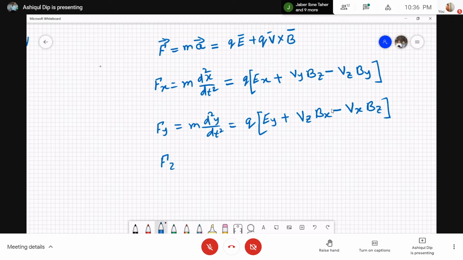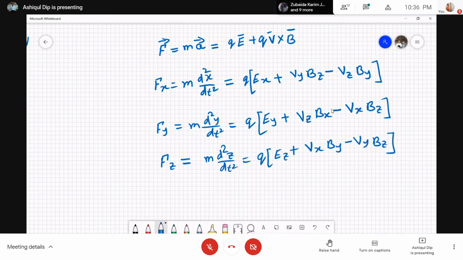Then Fz is q Ez plus Vx By minus Vy Bx. So do you guys agree with these results? We have just expanded this three-dimensional vector version. Yes, understood. Okay, great.